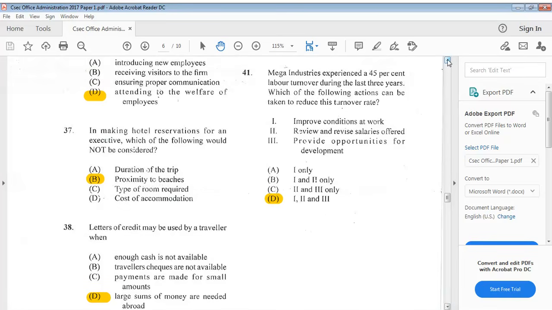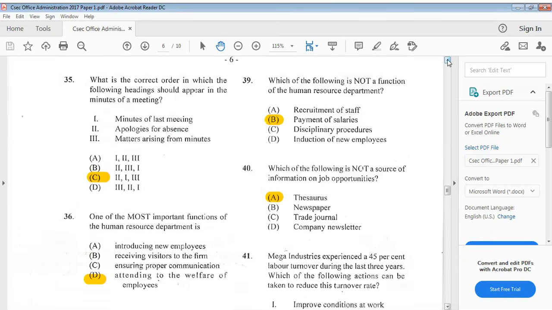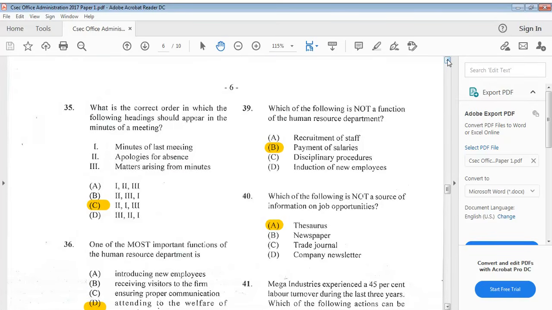Let's go on to number 39. Which of the following is not a function of the Human Resource Department? A. Recruitment of staff. B. Payment of salaries. C. Disciplinary procedures.